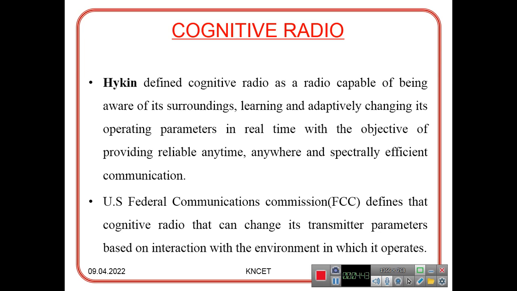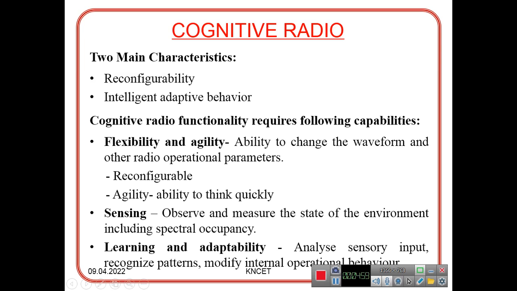According to the US Federal Communications Commission, a cognitive radio is one that can change its transmitter parameters based on interaction with the environment in which it operates. So the main characteristics of cognitive radio are reconfigurability and intelligent adaptive behavior.